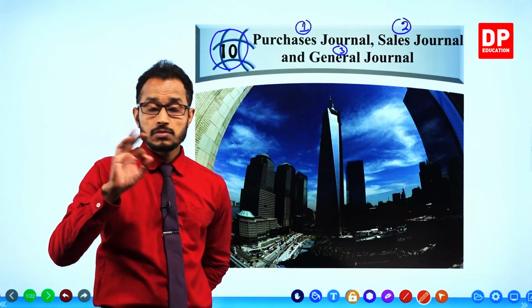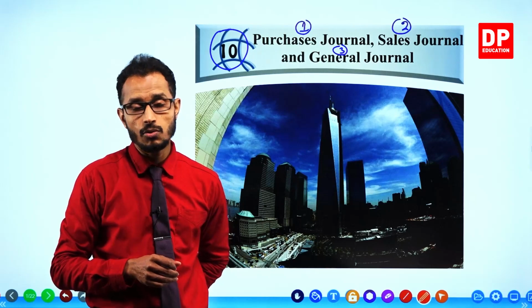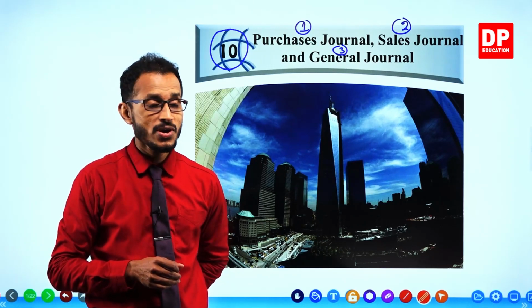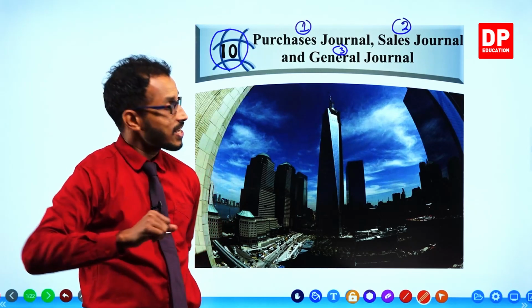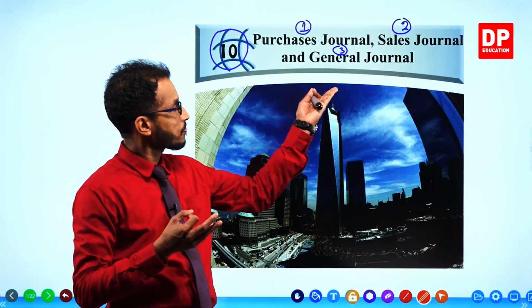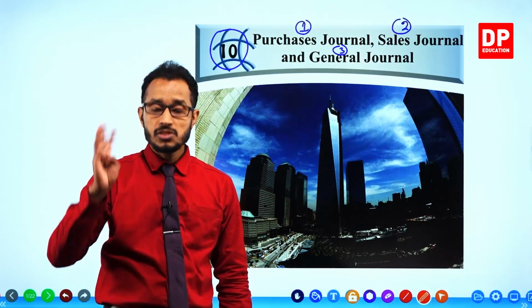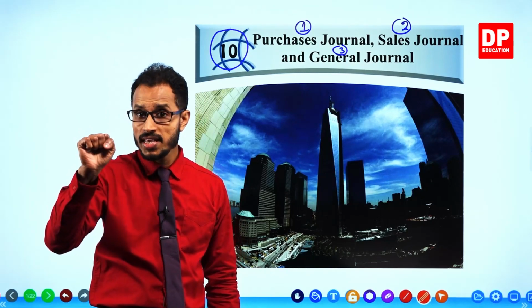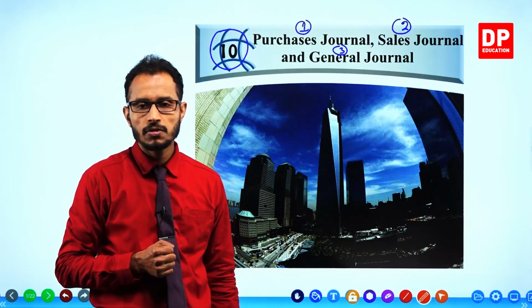And these are not the only books, as you very well know. The Purchases Journal, the Sales Journal and the General Journal, except these 3, we have already learnt about cash book and petty cash book.